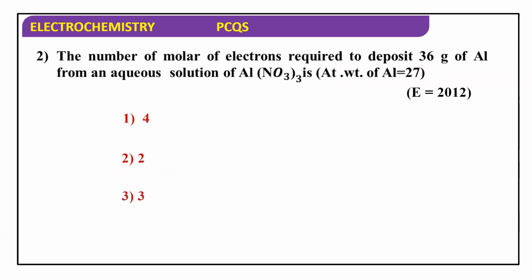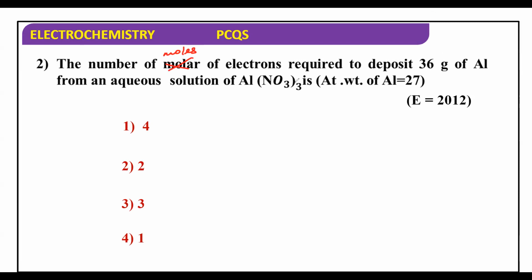Okay, try this, guys. This will be the number of moles of electrons required to deposit 36 gram of aluminium from an aqueous solution of AlNO3 whole size.